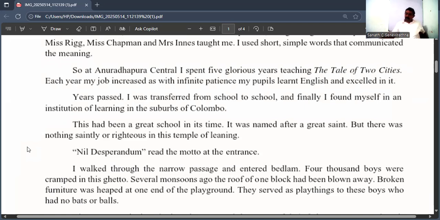It also tells something about the way Sri Lankan education department teaches English.